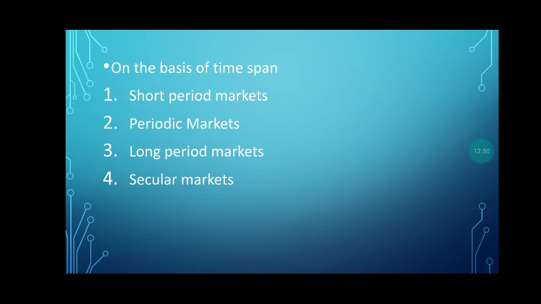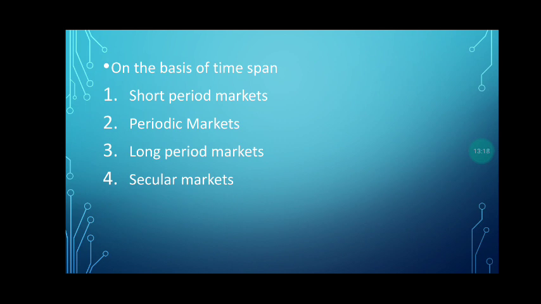The other one is long period markets. These are the markets which are held for a longer period than the short period markets. Regarding the nature of commodities traded in the long period market, they are perishable in nature, but less perishable as compared to the commodities traded in the short period markets and the periodic markets.